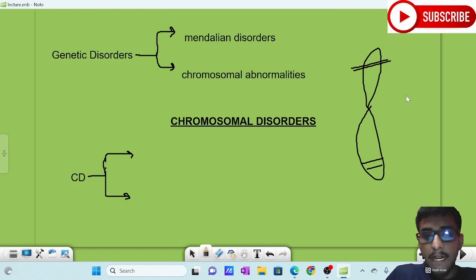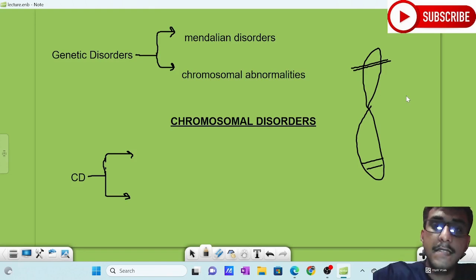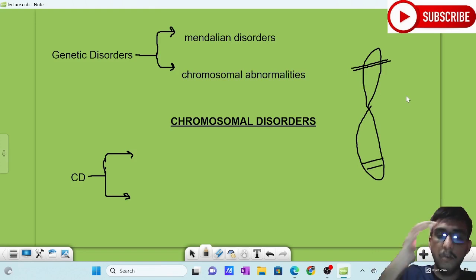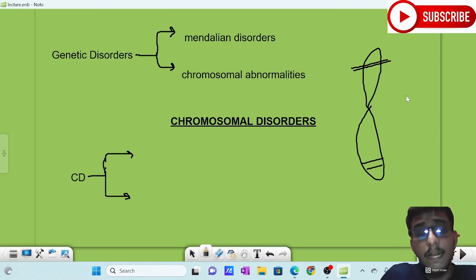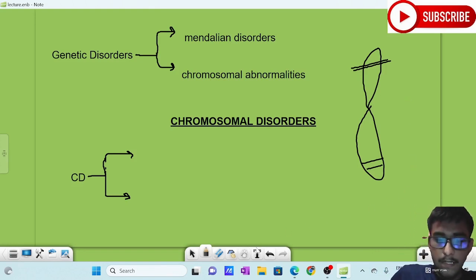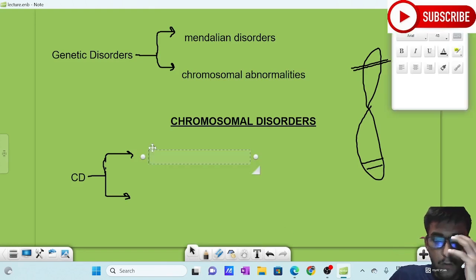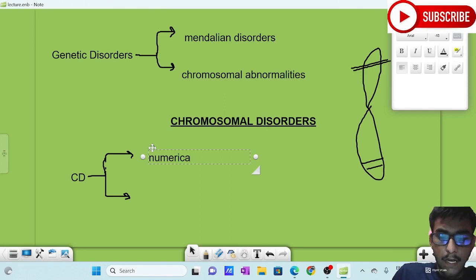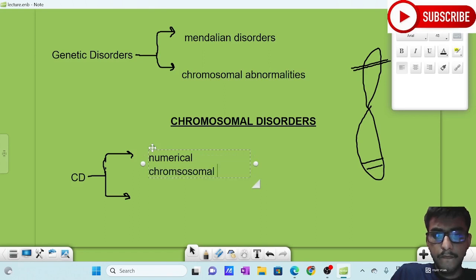So chromosomal disorders can be divided into two: first is the numerical chromosomal aberration, and second is the structural chromosomal aberration.